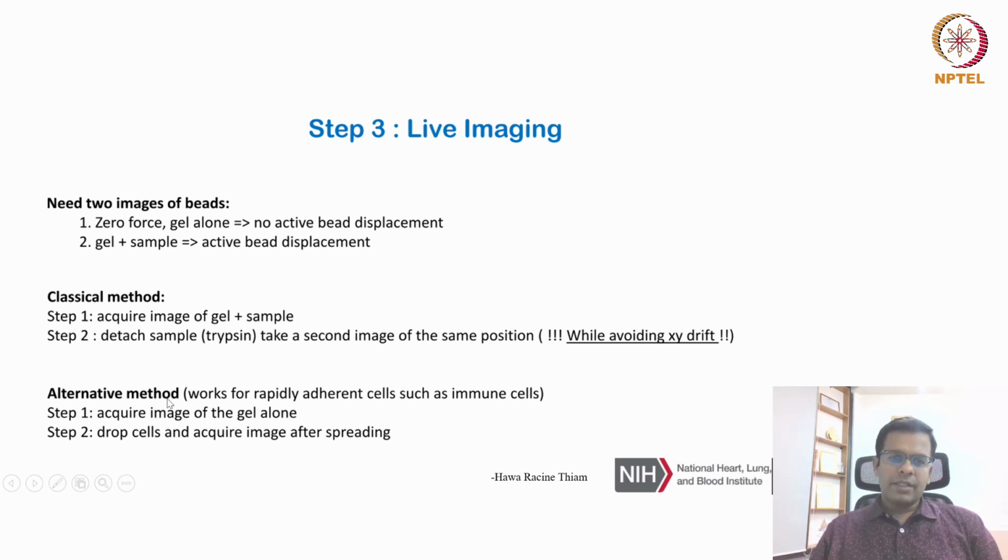The alternate method is to acquire an image of the gel alone, drop a cell, and acquire an image after spreading. So there are two ways. Either you first take the image of the gel with sample, then remove the cells and take another image, or first you take the image of the gel only, then you put a drop of cells and take another image after spreading.